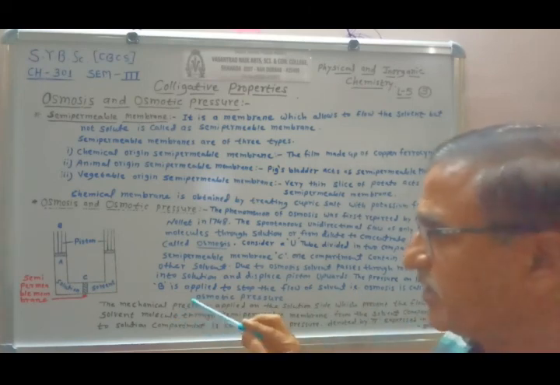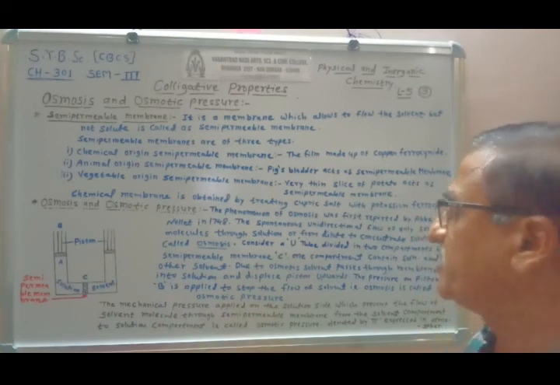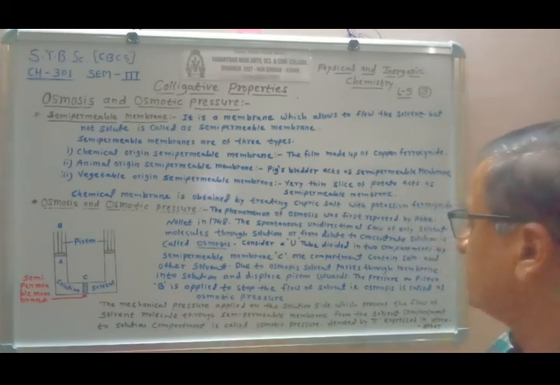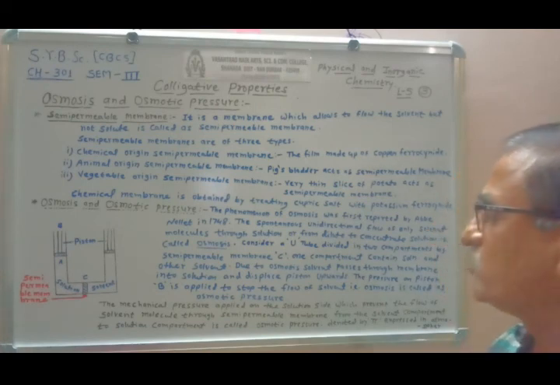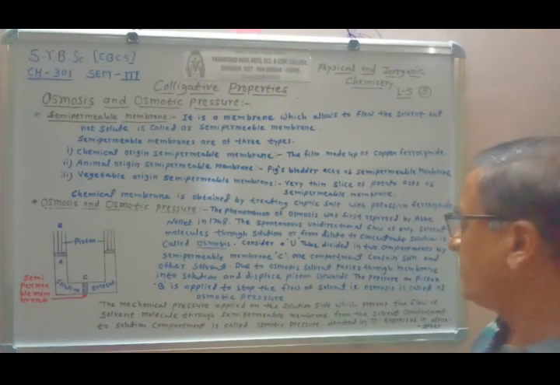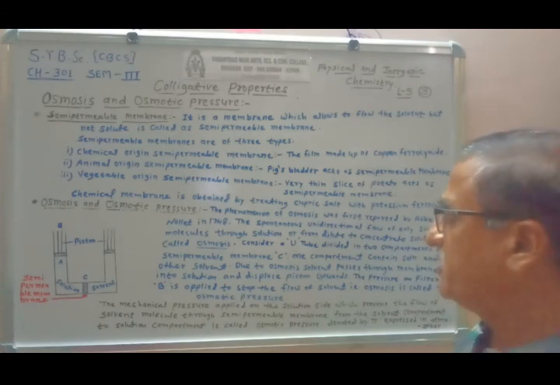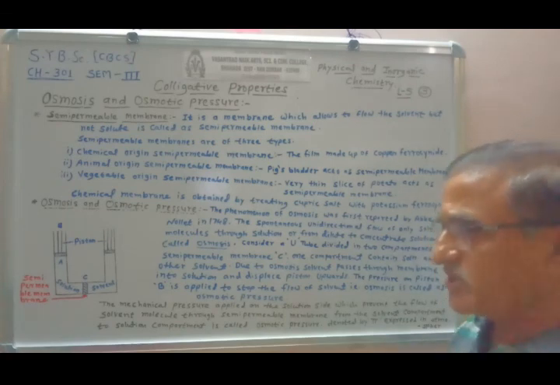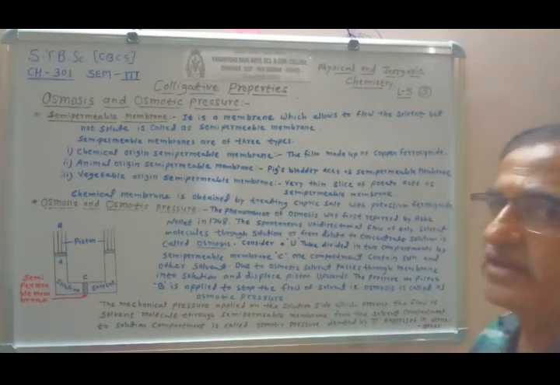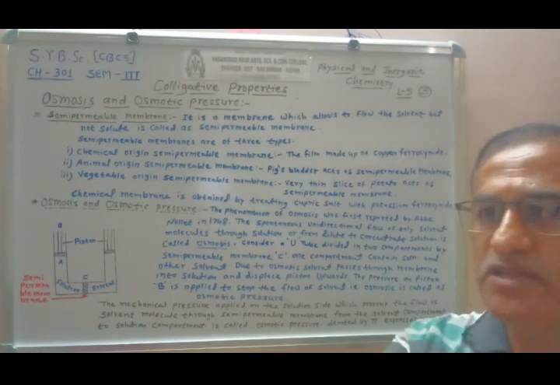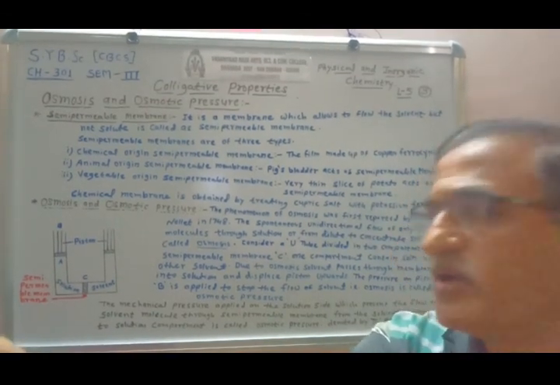Another definition for osmotic pressure is the mechanical pressure applied on the solution side which prevents the flow of solvent molecules through the semi-permeable membrane from the solvent compartment to the solution compartment. It is denoted by the symbol pi, and osmotic pressure is measured in atmospheres.